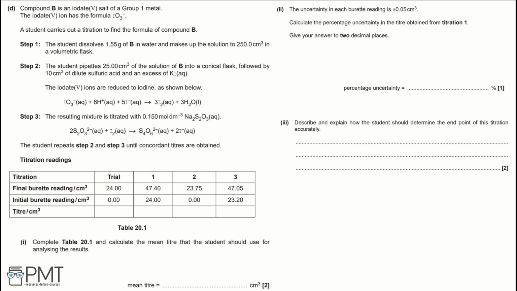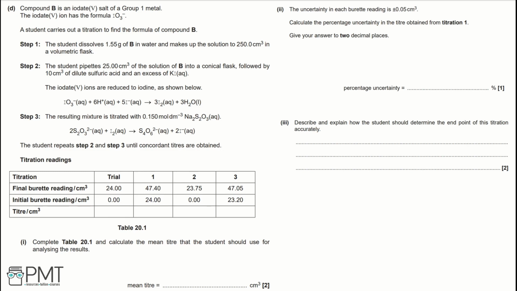The student pipettes 25.00 centimeters cubed of the solution of B into a conical flask, followed by 10 centimeters cubed of dilute sulfuric acid and an excess of KI aqueous. The iodate 5 ions are reduced to iodine, as shown below. Step 3.